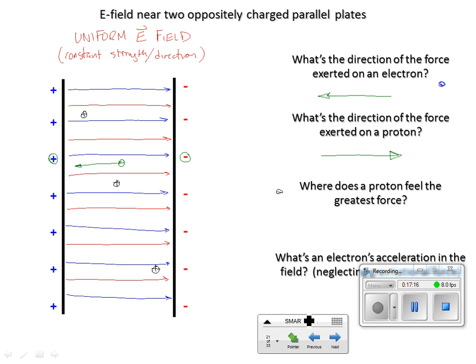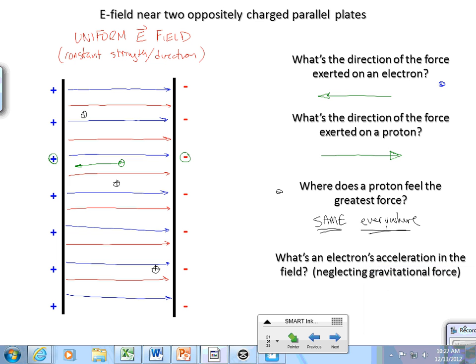The answer? It's the same everywhere. Just like saying, at which location in this room does a 1 kilogram mass weigh the most? Well, it weighs the same thing everywhere because the gravitational field in this room is constant, or is uniform. Okay?